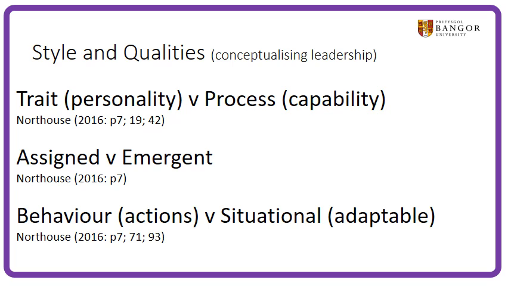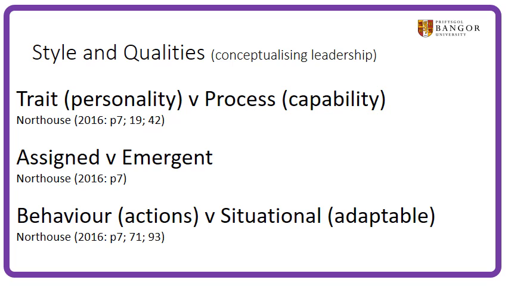So just to recap, trait focuses on personality that we are born with. Process theories argue that leadership can be learned through capability. Assigned focuses on the roles that are assumed by our position within an organisation, whereas emergent is that person that emerges from any group in any role and is seen as a leader.